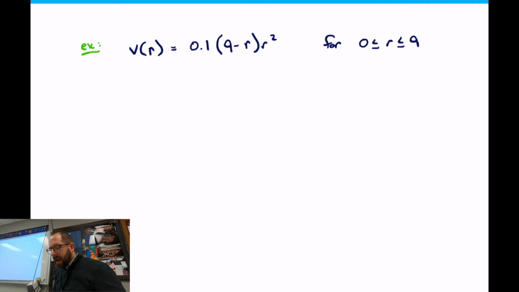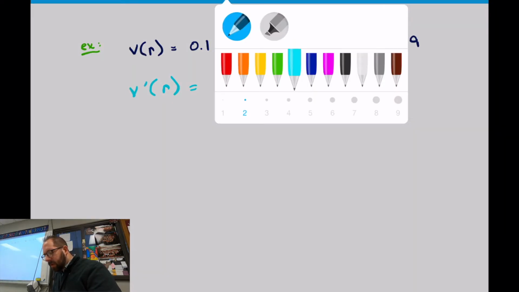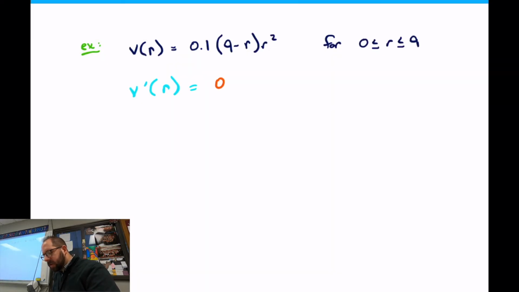How you do this is you take the first derivative. So, first derivative, what do we get here? I'm going to rearrange this problem just a little bit so it's easier to look at.